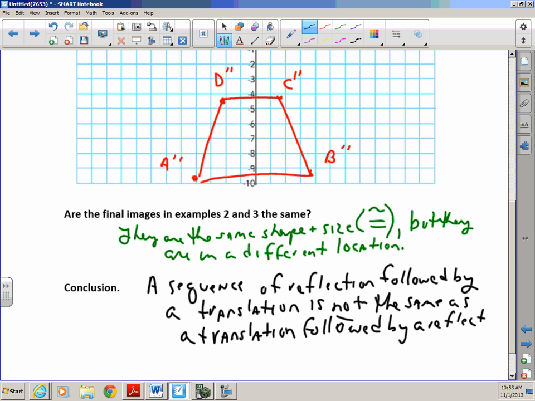So in other words, if I do the exact same two transformations but switch their order, if one was a translation and one was a reflection, I'm not going to end up in the same place.